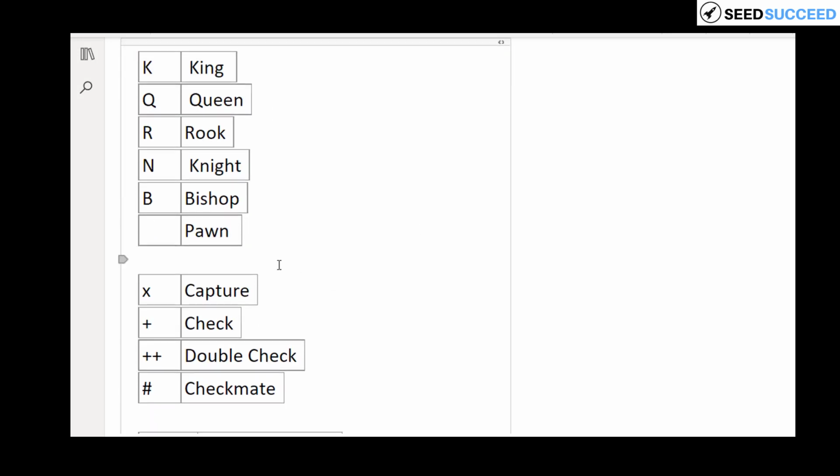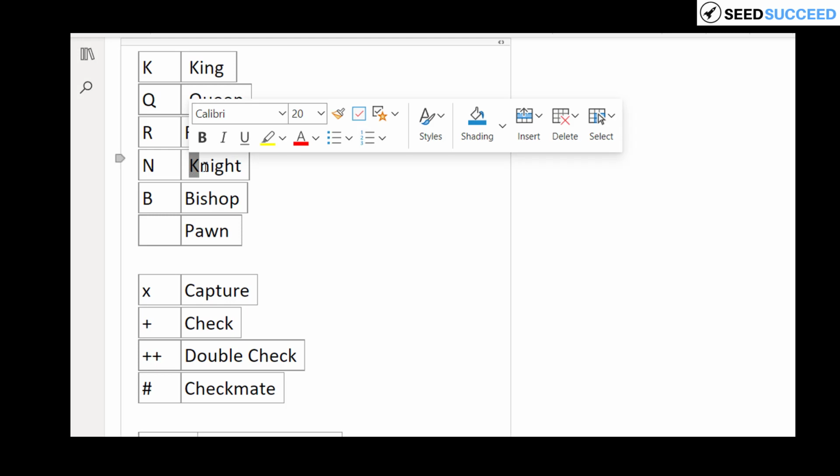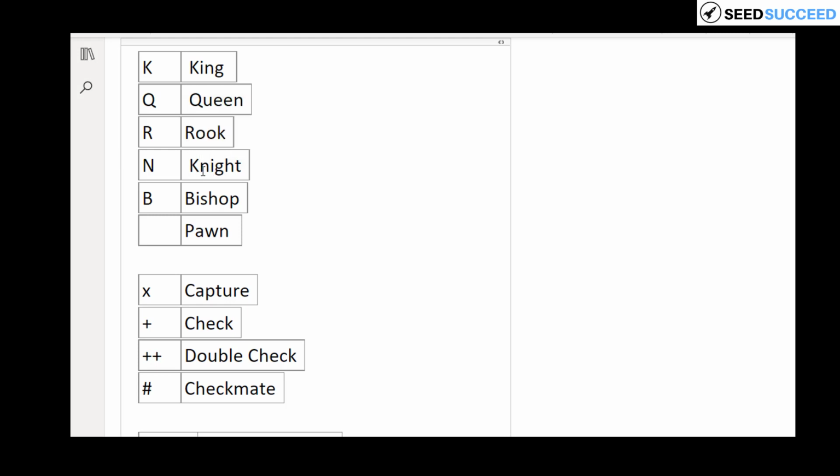When we are annotating, we write king as capital K, queen as capital Q, rook as capital R, knight as capital N. Since K belongs to king, we are taking the second letter, which is N. So N is knight. And for bishop we write B. And for pawn, we note the square to which the pawn is moving.